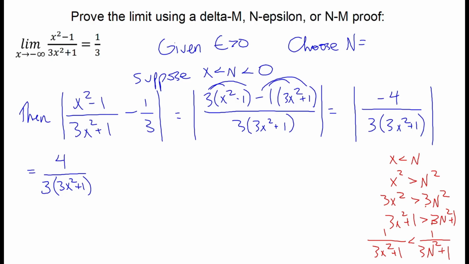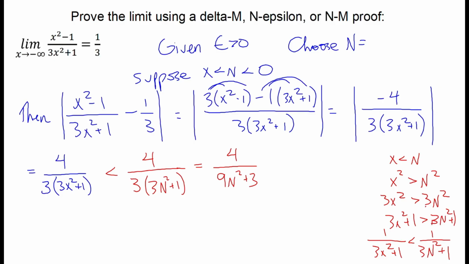So this should be less than 4 over 3 times 3n squared plus 1. And so we can distribute out that denominator. We could just solve right from here, but I think it's nicer to just distribute out this denominator. This is the same as 4 over 9n squared plus 3.